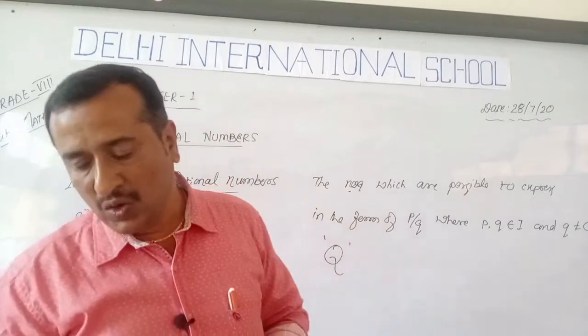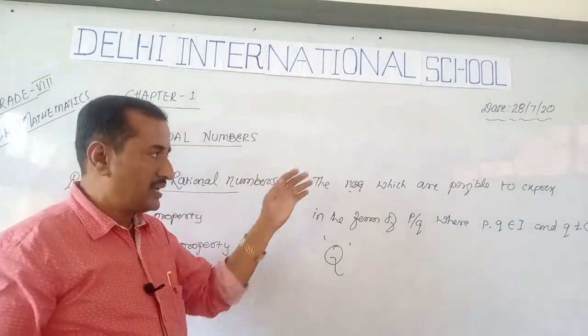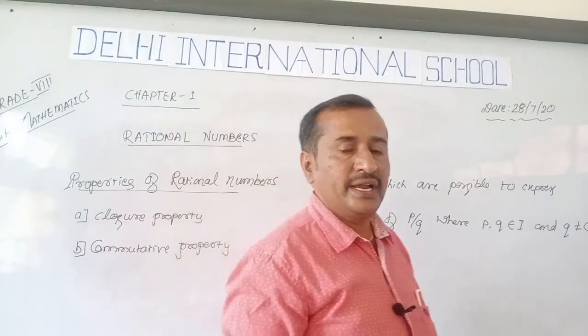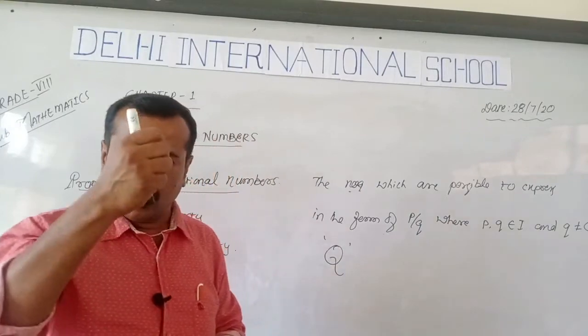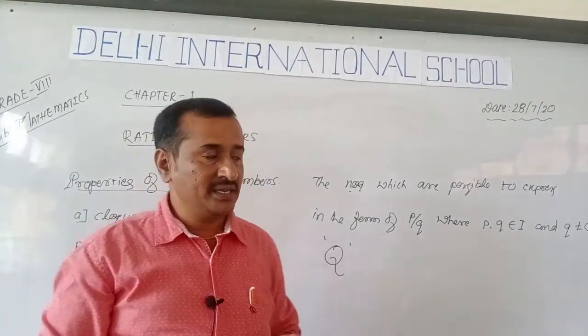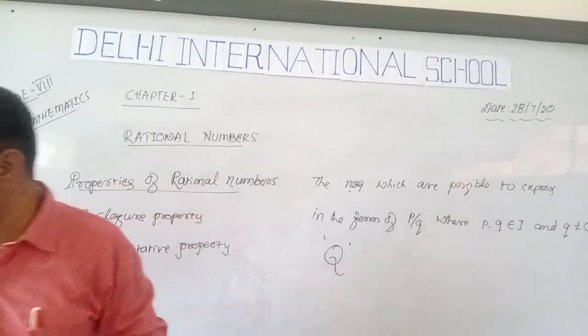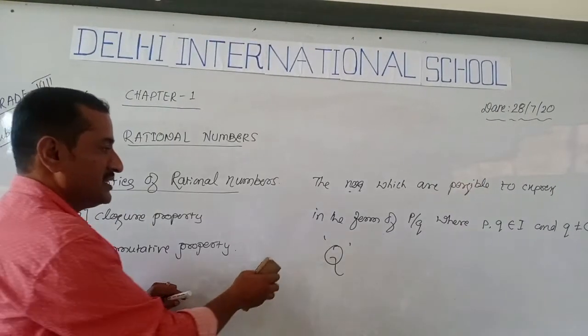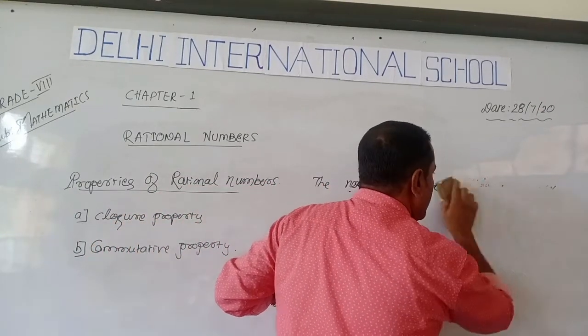Alright. Now, these numbers, that is natural numbers, whole numbers, integers, including rational numbers, obey certain properties, the properties of rational numbers. So, we will discuss that part in this class.